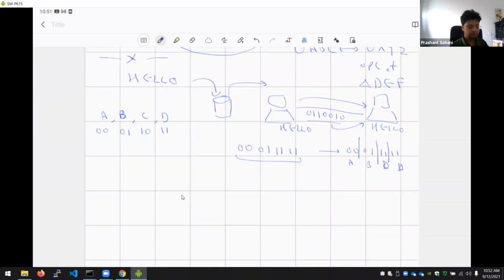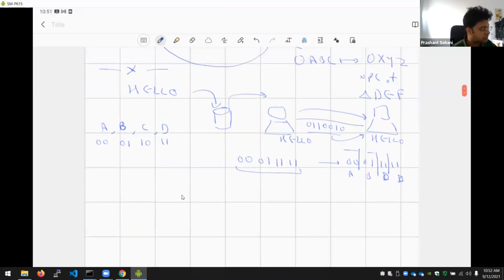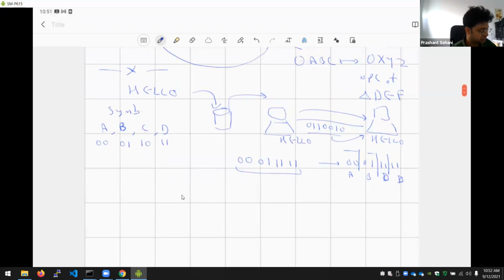So this works very nicely. And these are called symbols, by the way. I'm introducing some technical notation. The question is how many bits per symbol are required to transmit on average.